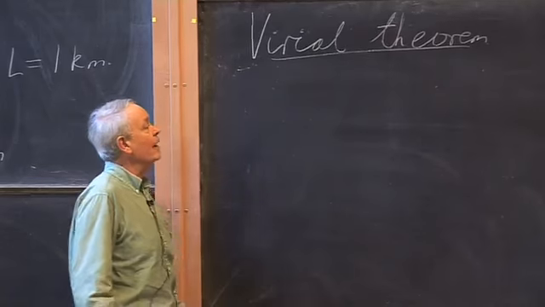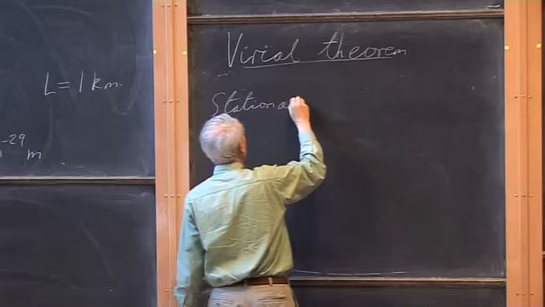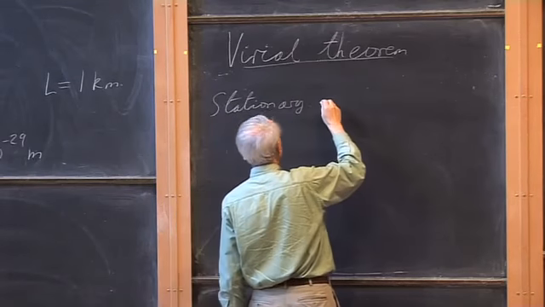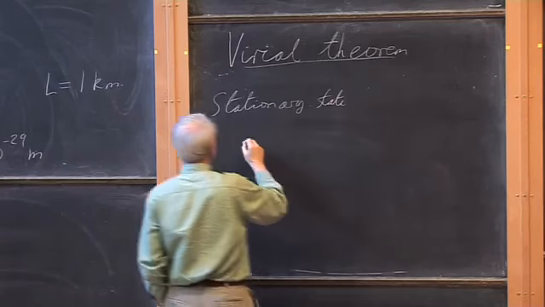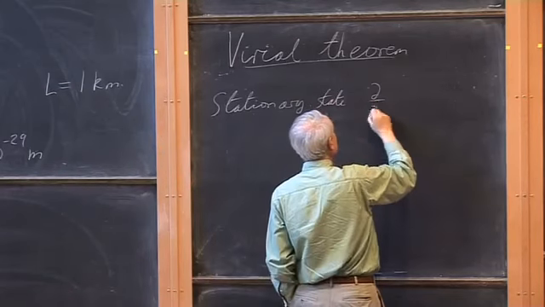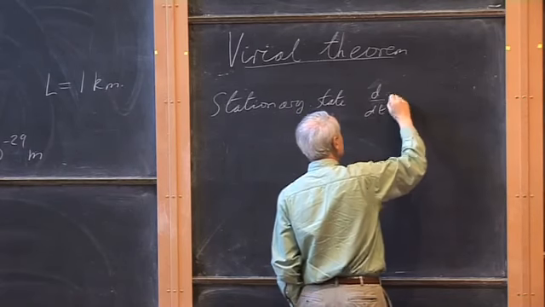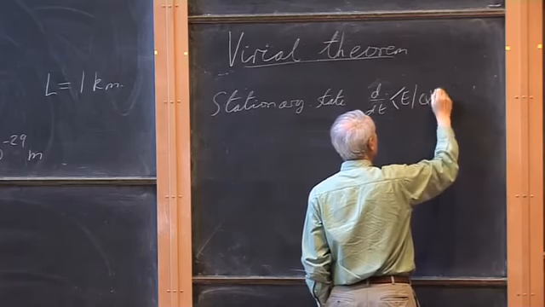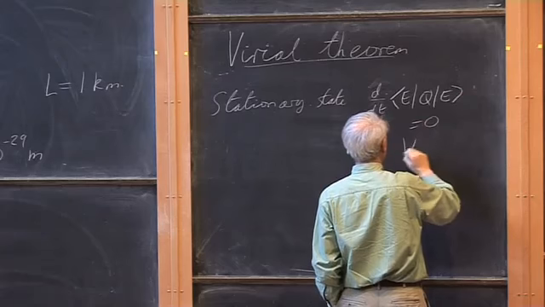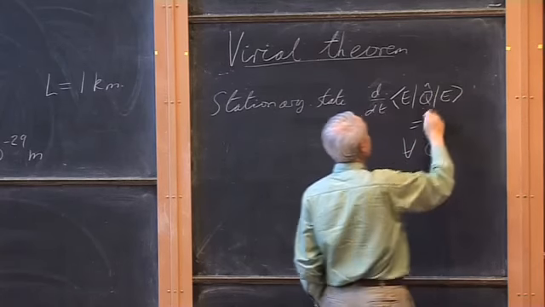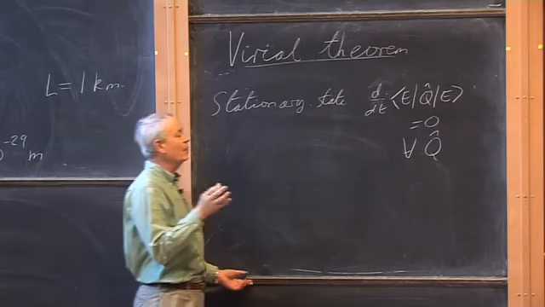So we want to exploit that result. For a stationary state, this is just recalling what we already had. It was a consequence of Ehrenfest's theorem. For a stationary state, we have that d/dt of the expectation value of Q equals naught for all operators Q. It doesn't matter what observable you stuff in there, as long as the observable is defined in a way that's independent of time.